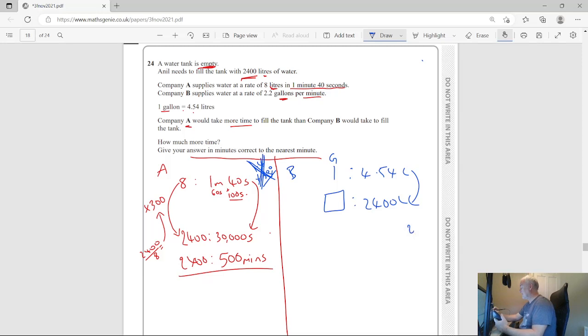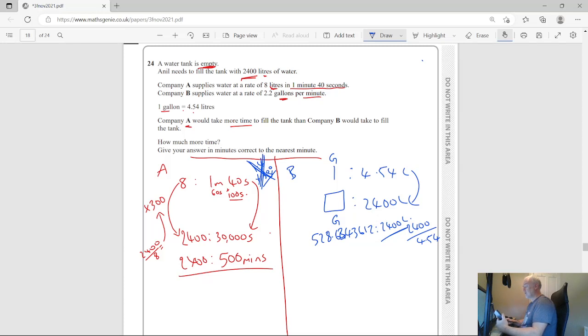Again, take the 2,400 and divide by 4.54. That gives me 528.63433612 gallons equals 2,400 litres.